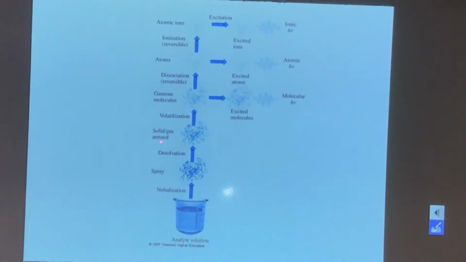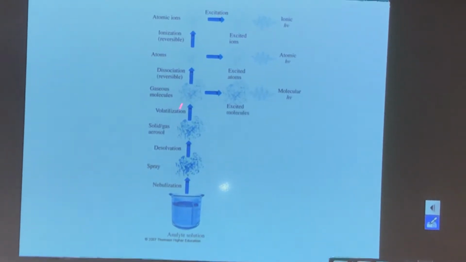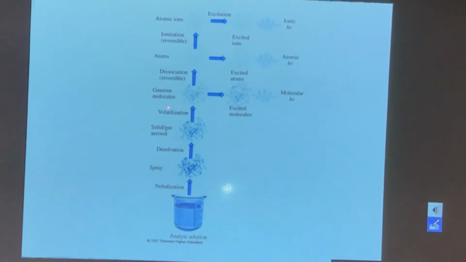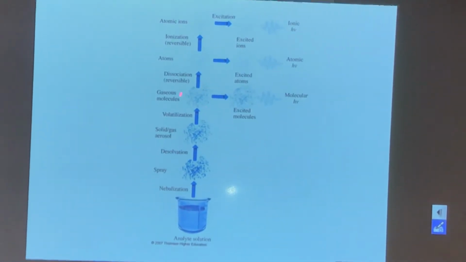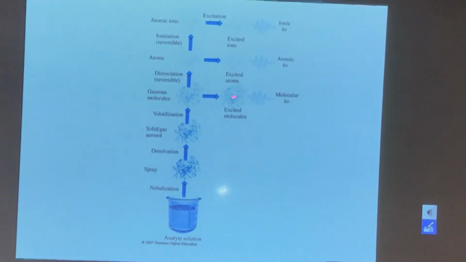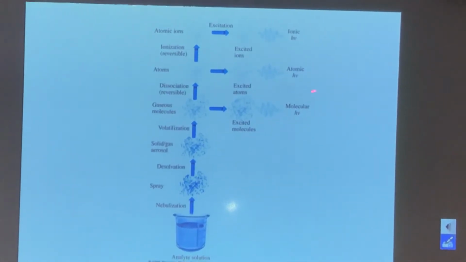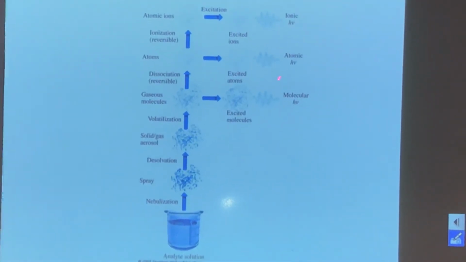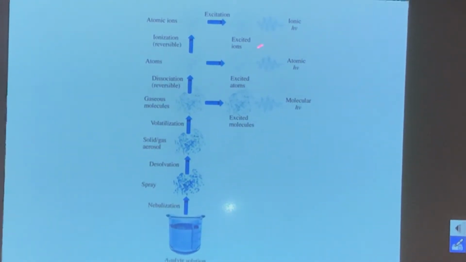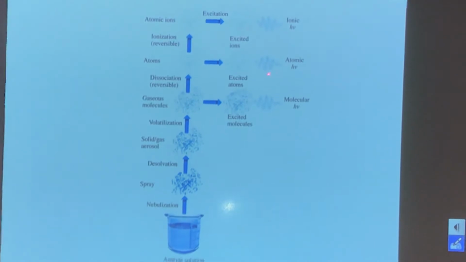And then from here, we have a number of processes which lead to different outcomes, right? We have volatilization, we get these gaseous molecules, all right? And from gaseous molecules, we can do some kind of excited molecules here, but we're looking at molecules, right? We can go to atoms, and we can do some spectroscopy here, that's atomic spectroscopy.